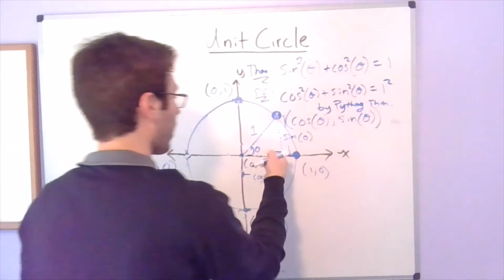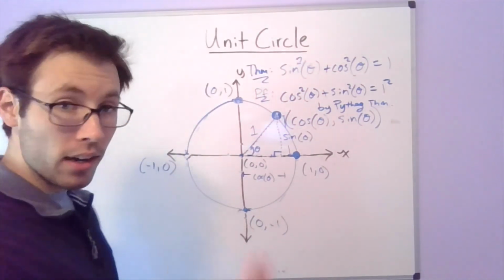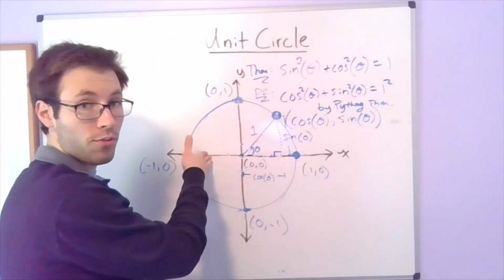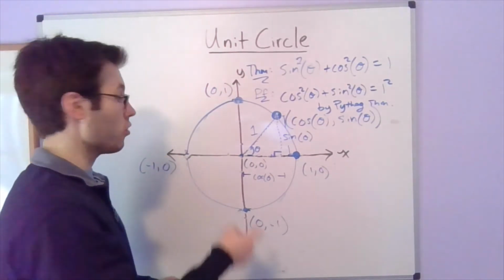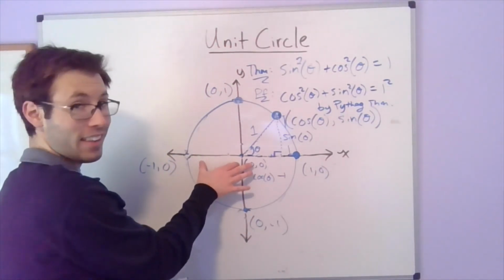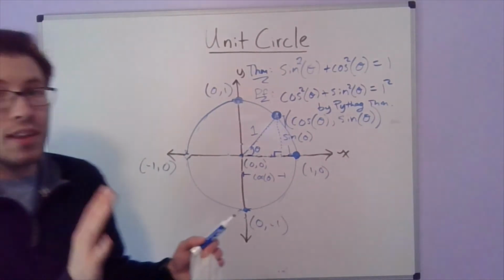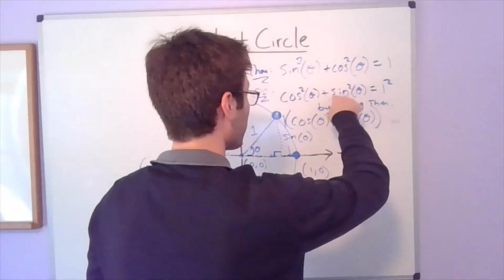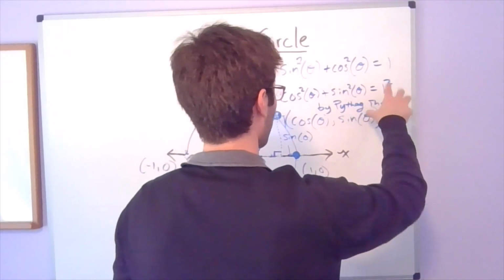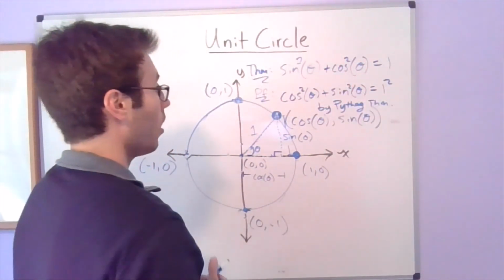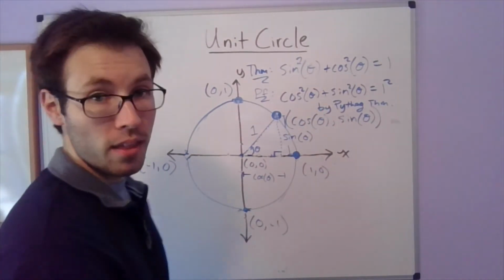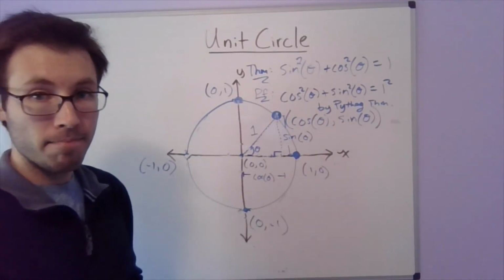And this holds true for any value of theta, because even if our x-coordinate for cosine was negative, we're going to square it anyway. If we consider the absolute value of that length, it doesn't really matter anyways. So this value, cosine squared plus sine squared theta equals 1 squared, is a very important result. It comes immediately from the Pythagorean theorem, and I just wanted to talk about that. All right.